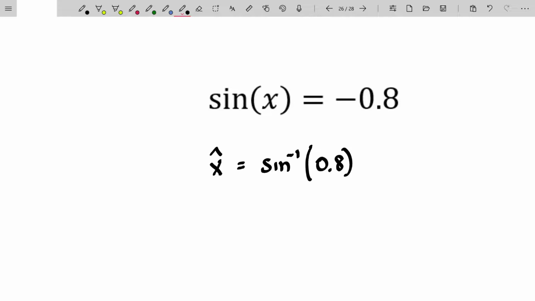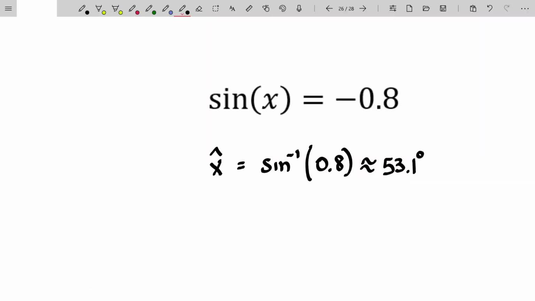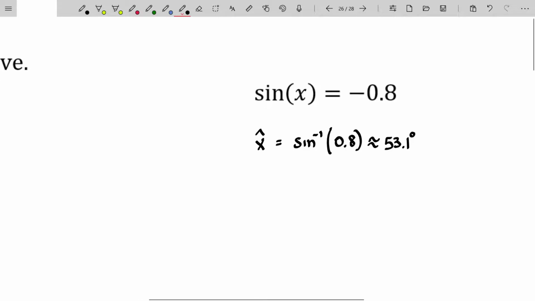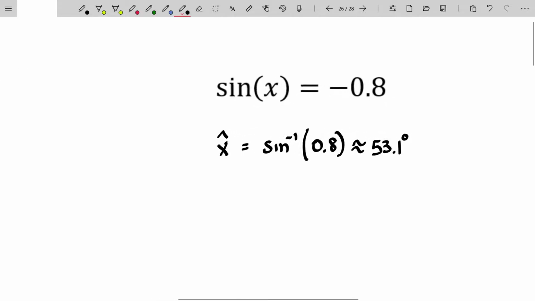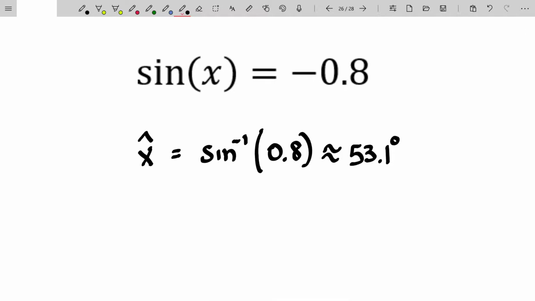So if I grab a calculator and I did the arcsine of 0.8, I get 53.1 degrees. They didn't tell me what angle measure I should be using, so I'm just going to use degrees here, mainly because in applications, degrees are the best to work with. They're just easier to work with.